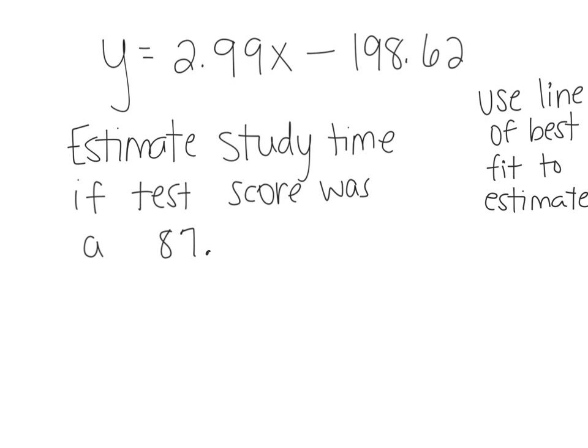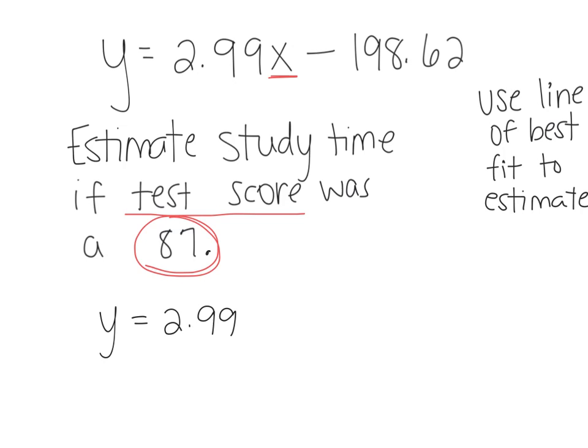So, all you do once you have your line of best fit is to take whatever you know. So 87 is your test score. And if you look at your table, test scores was your x. So you're just going to plug in 87 for x and do your math.